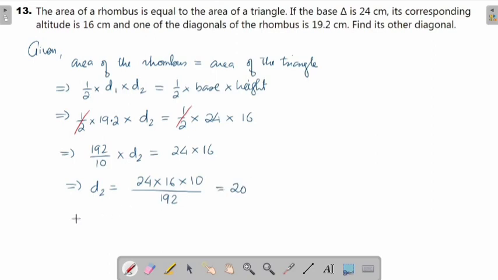So D2 is 20. This is the other diagonal, yes. So the other diagonal is 20. What is the unit we are using so far? The unit we are using is centimeter. So this will be your answer for this particular case. You may pause the video and note down your solution.